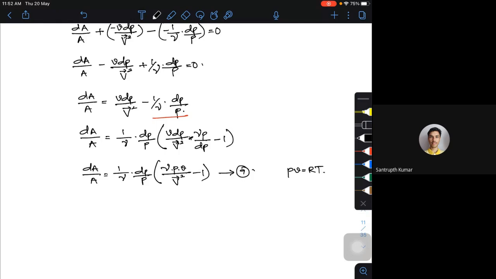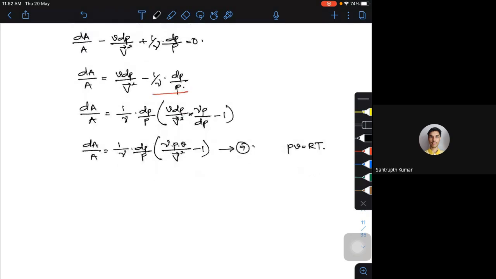Sonic velocity means the velocity of the sound. The velocity of the sound, or the sonic velocity, which is C, is equal to the square root of gamma RT. This you might have studied. So this is given by this expression.